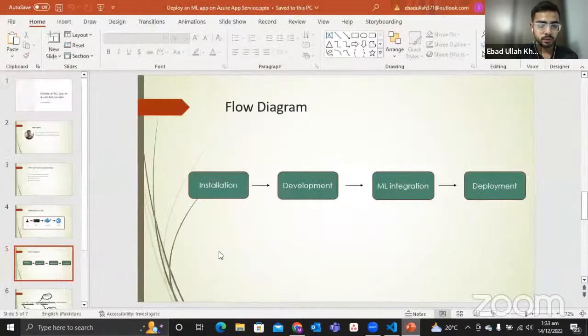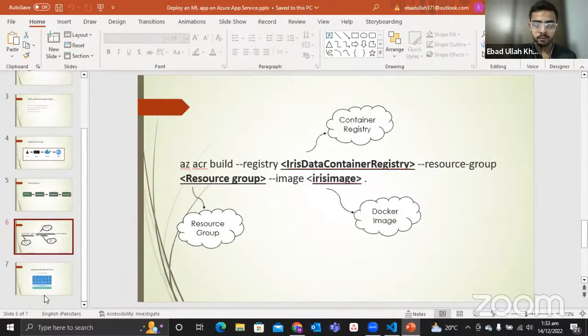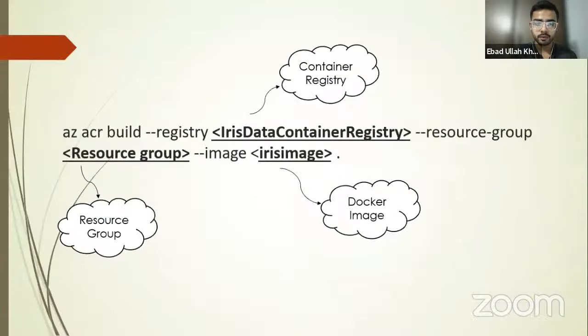What we can do first is go through a simple command that we will be using, and then I can explain why we will be using it. We are going to use two Azure services: the container registry, and app service, which is also an Azure service. The container registry helps us in developing a Docker image.